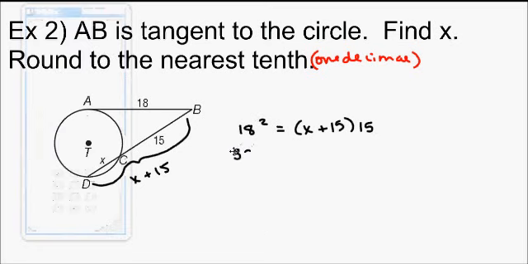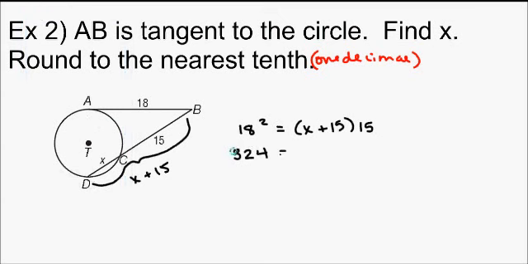So 324 equals, this part needs to be simplified. So I can distribute the 15 into the parentheses. Both terms need to get multiplied by this outside 15. So I have 15x plus 15 times 15 is 225.